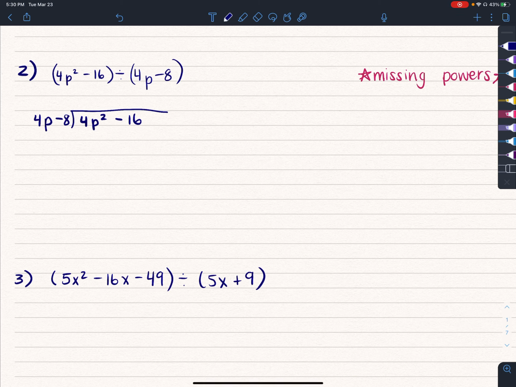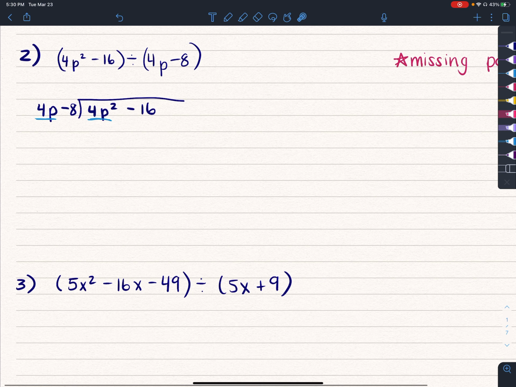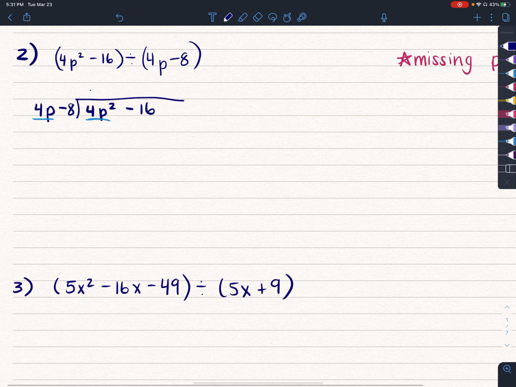Okay, so we're going to do the same thing here, looking at those first two terms. What do we need to multiply 4p by in order to get 4p squared? That would be just p. So p times 4p, we get 4p squared.